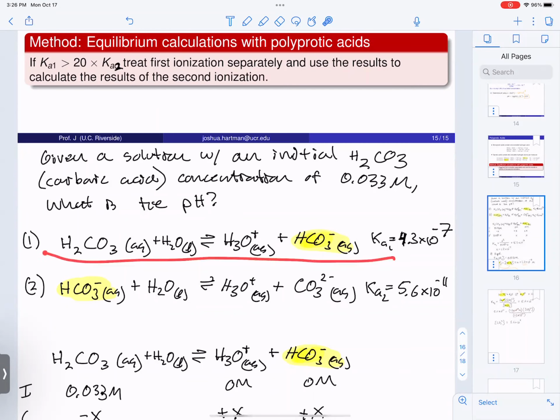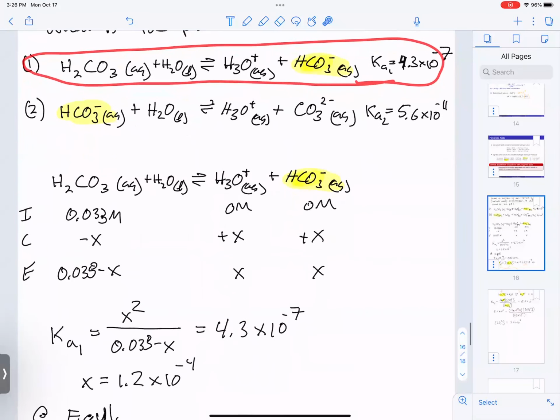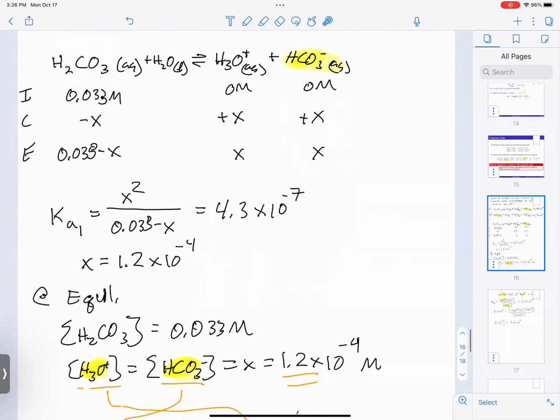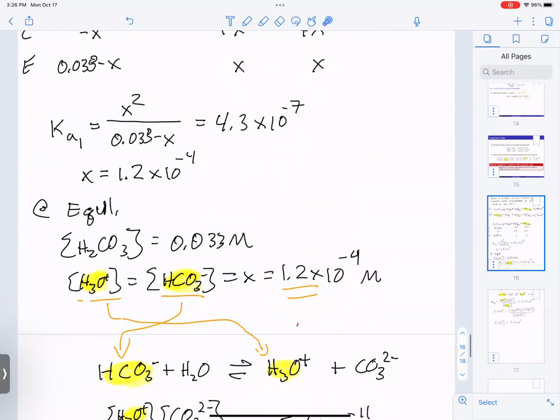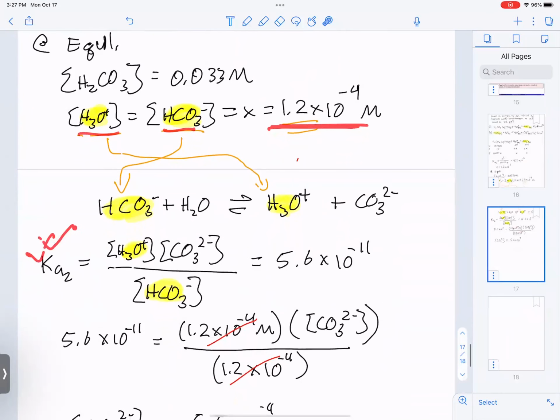You're going to use reaction 1, build an ice table, and determine equilibrium concentrations of our major ions in solution. The major ions in solution, in this case, HCO3 minus and hydronium ion, calculated from that first equilibrium expression, are then going to be fed into a second equilibrium expression right down here that involves the second ionization process.